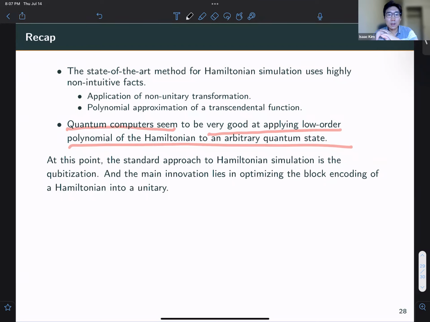Usually what people say is that you're interested in computing correlation functions or dynamics, and that's usually the end of the discussion. Unfortunately, I don't have much more to say than that. I'm not sure.